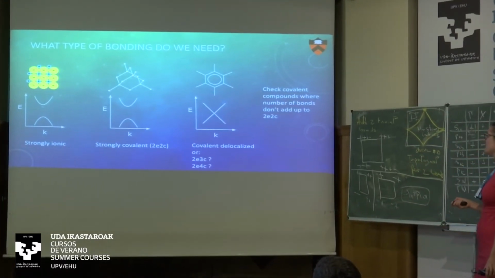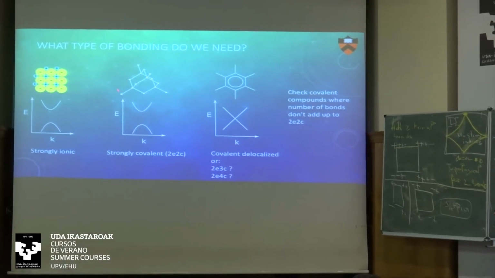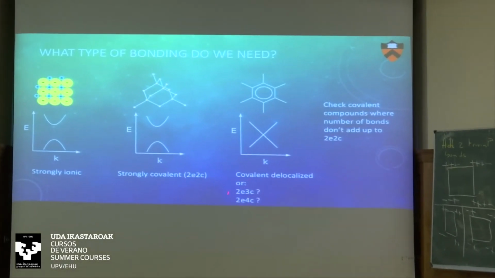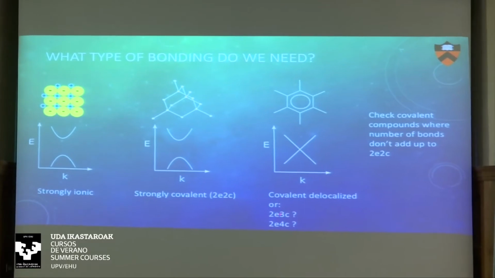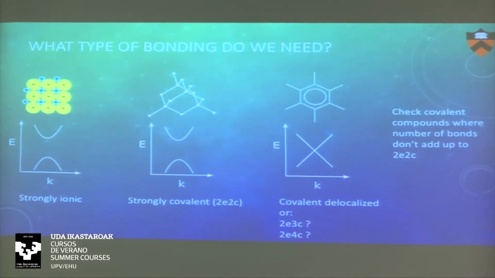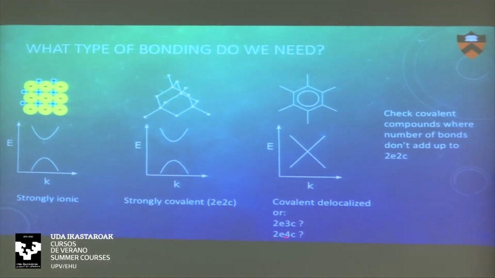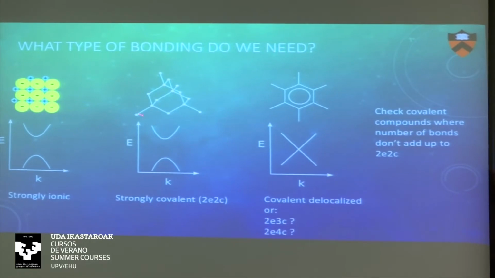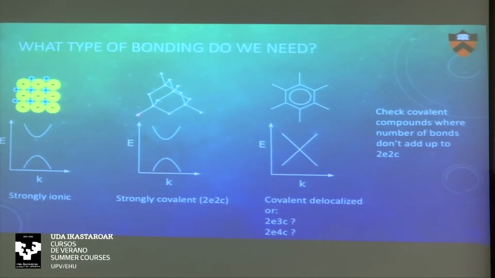So I was wondering, because here we have 2-electron, 2-center bonding, but from chemistry we know there are materials which have what is called 2-electron, 3-center bonding, or 2-electron, 4-center bonding, which means that these 2 electrons are not shared between 2 atoms and thus localized, but shared between 3 or 4 atoms, and therefore they are delocalized a little bit throughout the system. So is this the kind of bonding we have to look for?